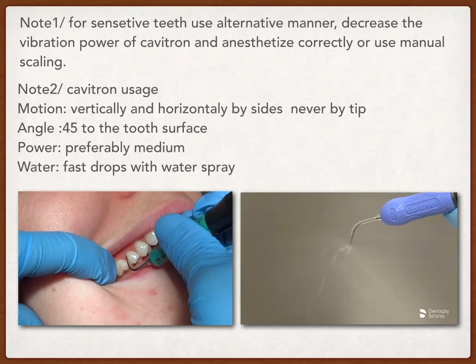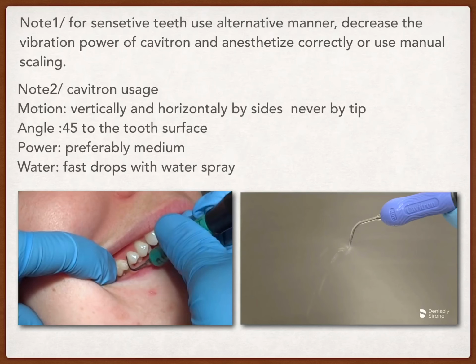Also, you can decrease the vibration power of the Cavitron and anesthetize the patient correctly. That will decrease the sensitivity. Or simply using the manual scaling instruments will also decrease the sensitivity to the patient.